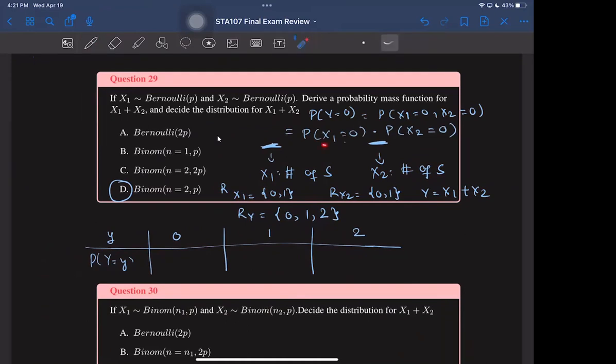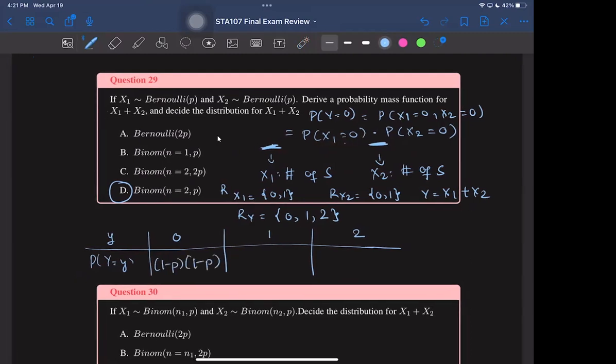And now I just fill in the probability that a Bernoulli random variable takes on value 0, which is 1 minus p, and 1 minus p. Because here is just the probability that a Bernoulli random variable takes on value 0, similarly to this. And when y equals 1, it means one of x1 and x2 is 1, and the remaining random variable is equal to 0.